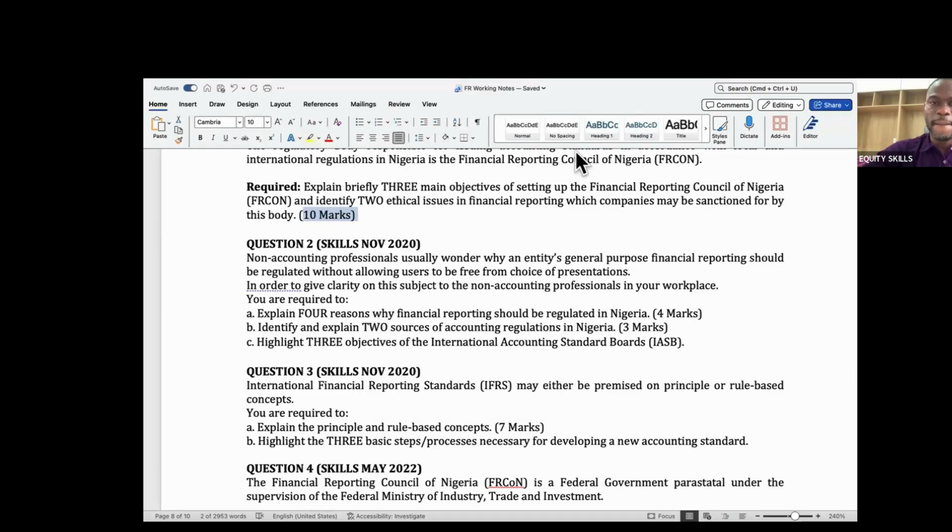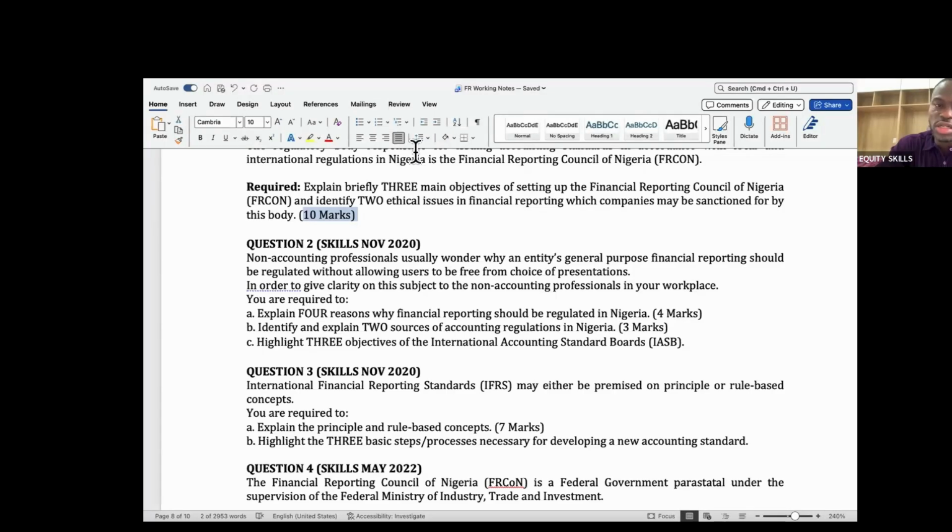So, 4 reasons why financial reporting should be regulated. I think I gave you this as an assignment. For those that are in class, a lot of you are in class anyways. What are the reasons why financial reporting should be regulated? Okay, let me say one, then you tell me the remaining.